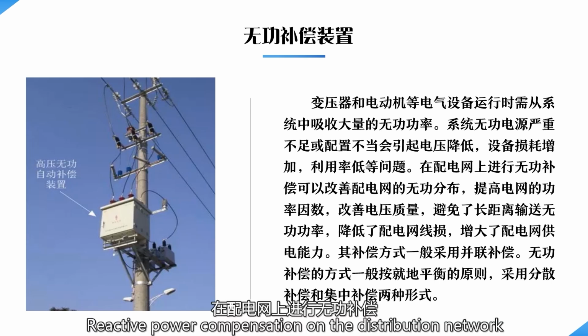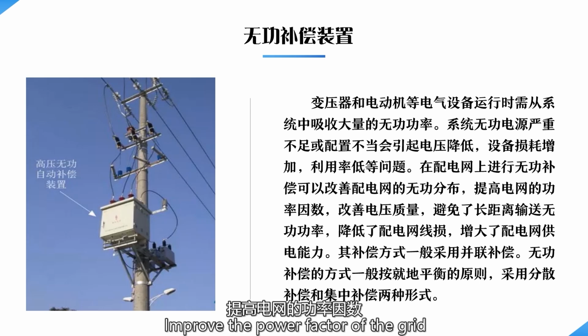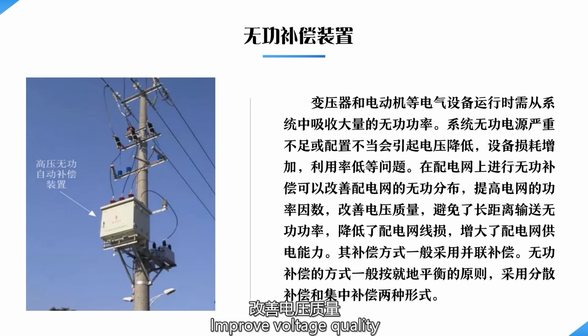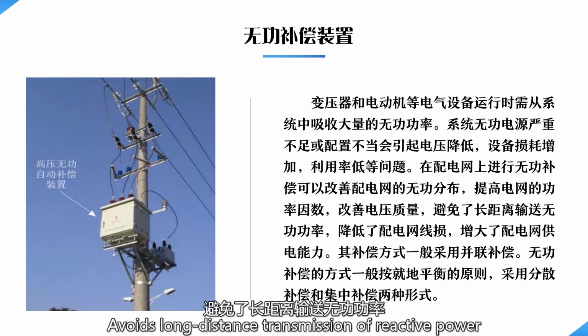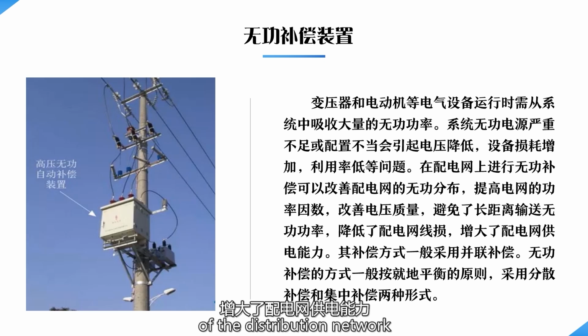Reactive power compensation on the distribution network can improve the distribution of reactive power in the network, improve the power factor of the grid, improve voltage quality, avoid long-distance transmission of reactive power, reduce distribution network losses, and increase the power supply capacity of the distribution network.